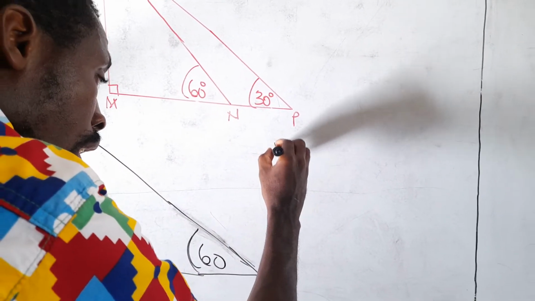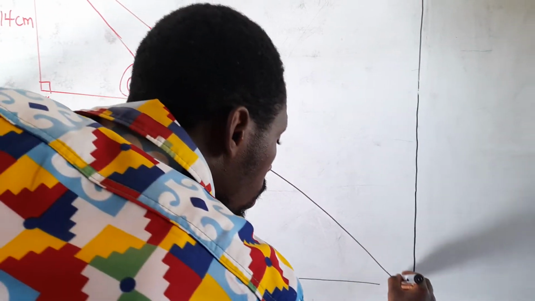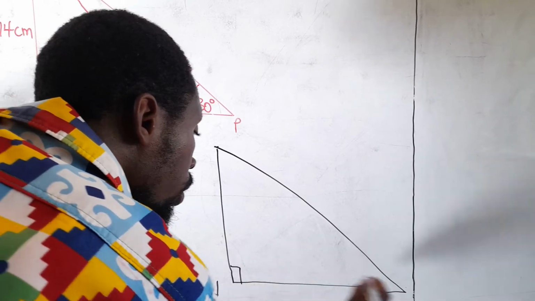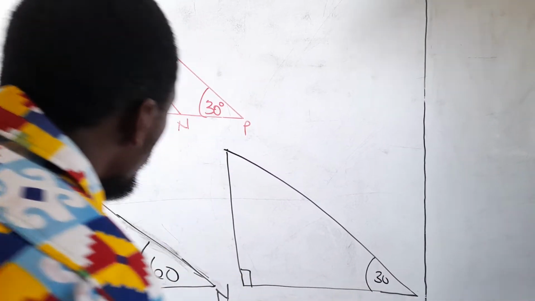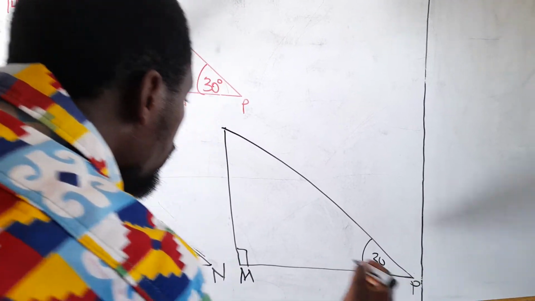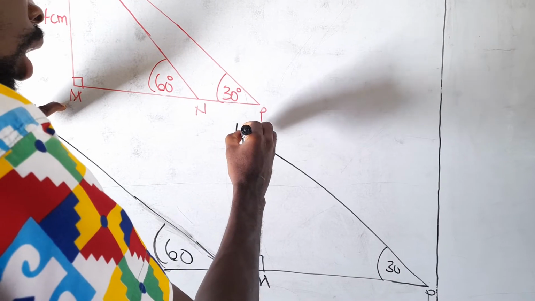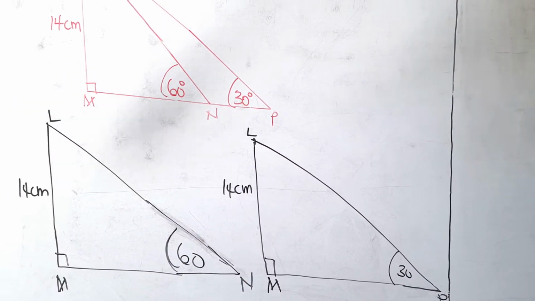You can also have another diagram like this, where here is 30 degrees, and we'll have M, where here is still 14 centimeters.